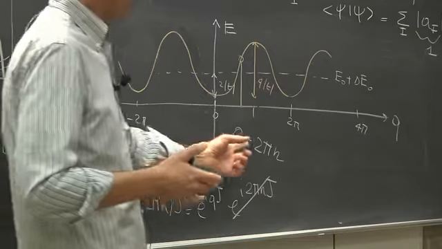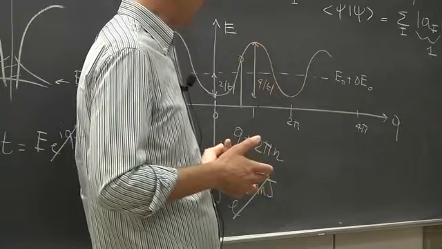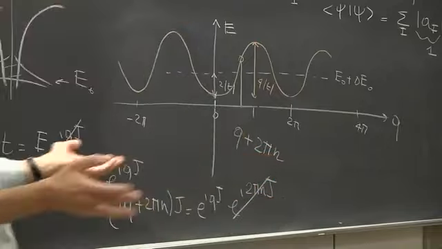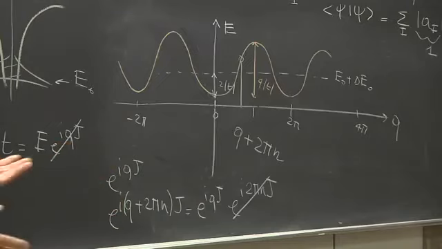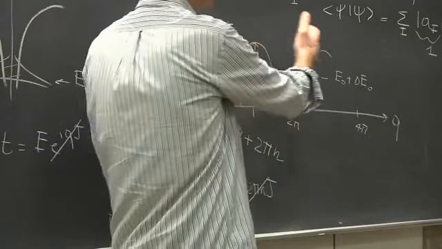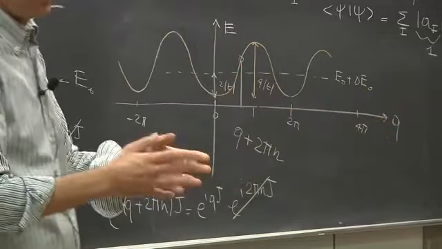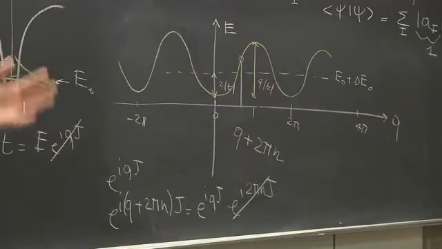Suppose I take Q, I know that if I move around away from Q by 2 pi n, I get exactly the same solution. So let's try to get rid of them. In other words, I know that there is a periodicity here given by 2 pi. If I move by 2 pi, I'm going to get exactly the same states. So how can I simplify my life and remove all the unnecessary solutions?